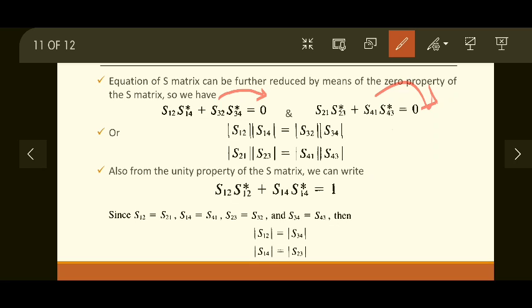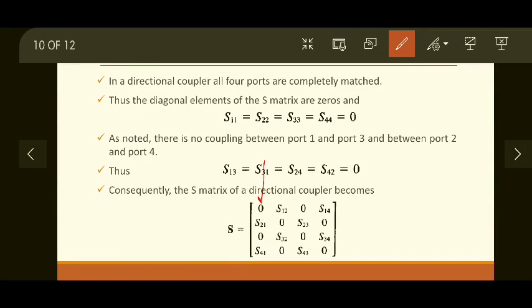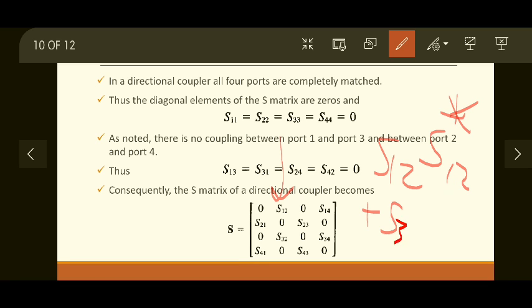And if we use the unity property, then what will happen? We will have to take each column one by one. Let's take the second column, for example. So S12 into S12 conjugate plus 0, then S32 into S32 conjugate will be equal to 1 because of the unity property.